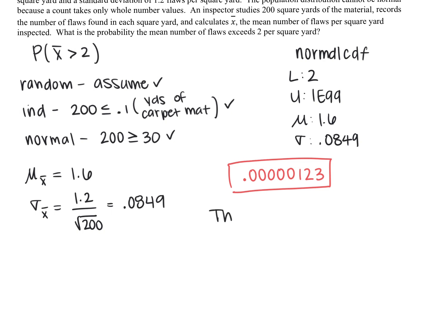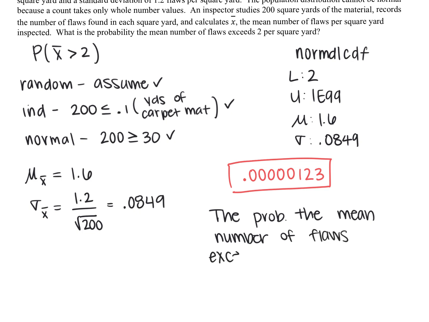So for our sentence, the probability the mean number of flaws exceeds 2 per square yard is 0.0000123.